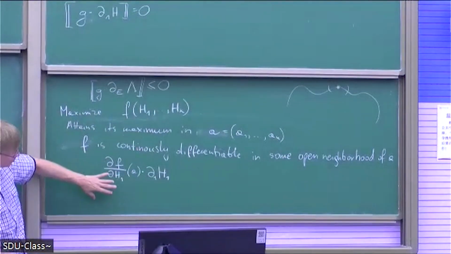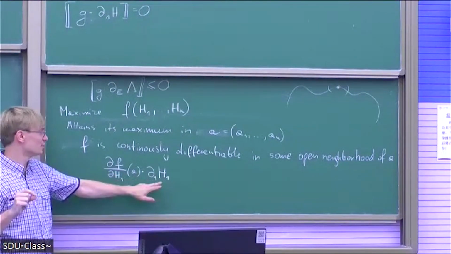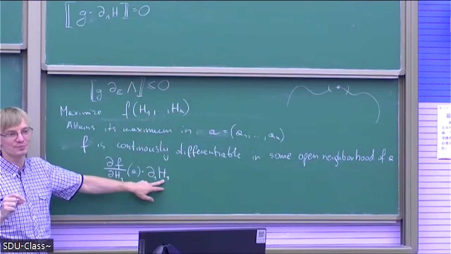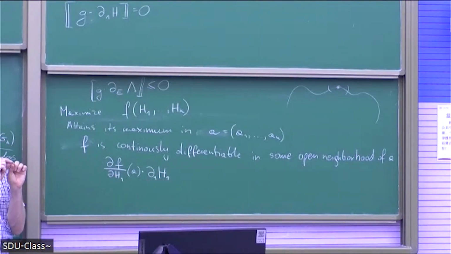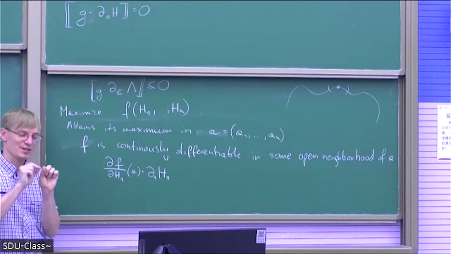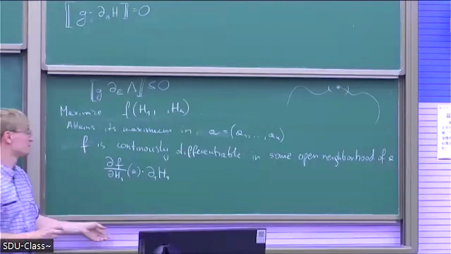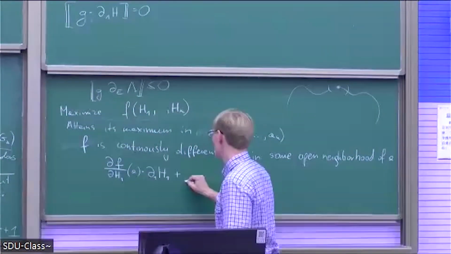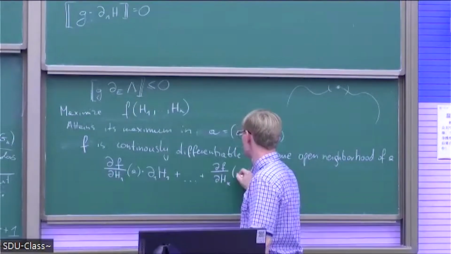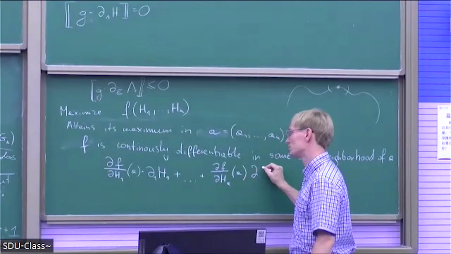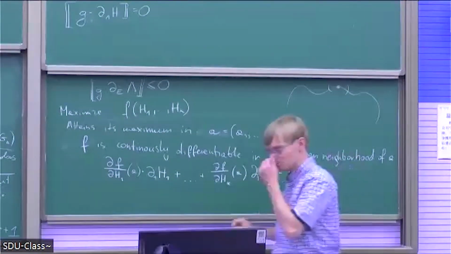So basically, this is saying how the density of H1 is changing, and this is saying how the change in density of H1 is changing the value of my function. So if I sum up over all those graphs, I need to have 0.